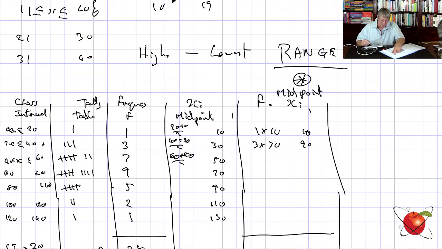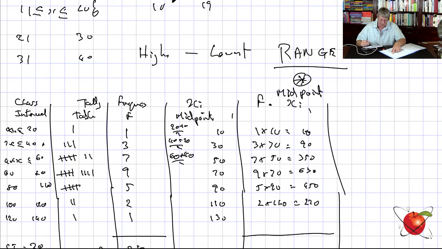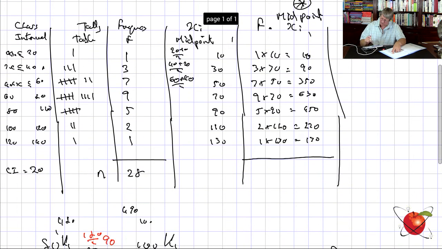It's going to be 7 times 50, which is 350. It's going to be 9 times 70, which is 630. It's going to be 5 times 90, which is 450. 2 times 110, 220, and 1 times 130, 130.